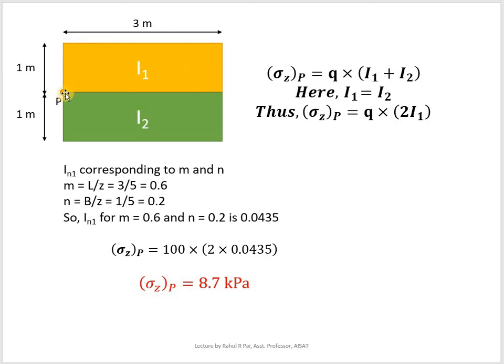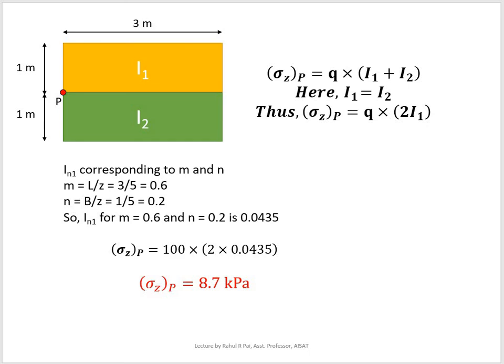So find the value at the corner of the first rectangle, and find the value at the corner of the second rectangle. You get this I1 and I2 and you add both the I1 and I2 and then multiply with the load intensity. You get the value. So that is one case.